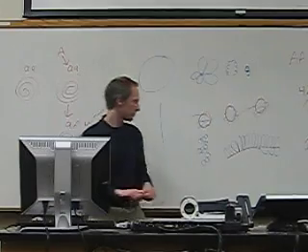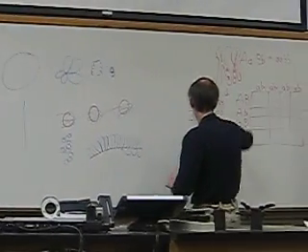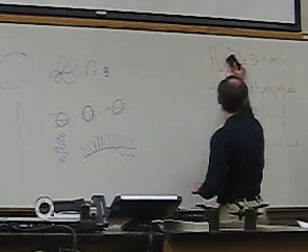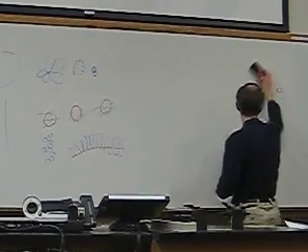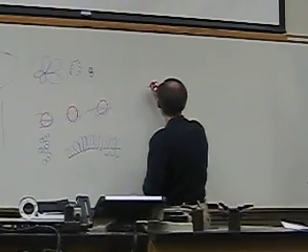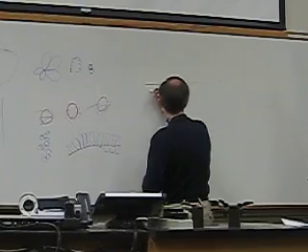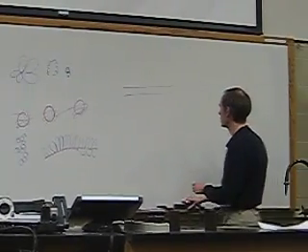DNA polymerase. So how does DNA polymerase work? The basic idea holds true for both eukaryotes and bacteria again. And that is that you have some double-stranded DNA, and we have to open this thing up.